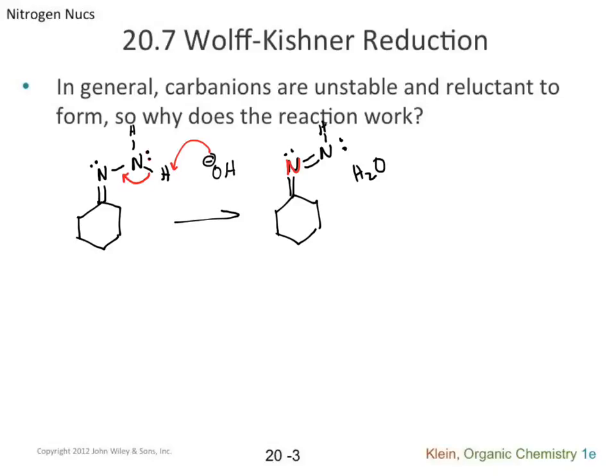So if we're going to take our electrons where we had before and shift them into forming a pi bond, what do we need to do? We're going to have to break this pi bond and put those electrons onto our carbon. Okay?